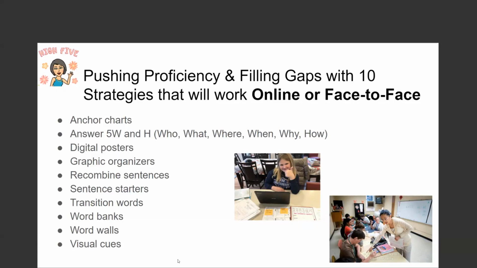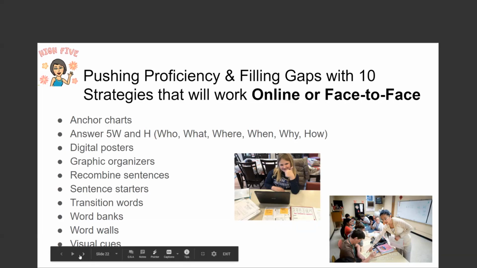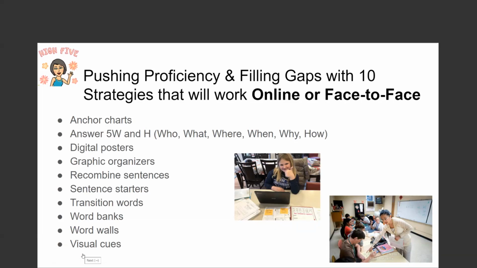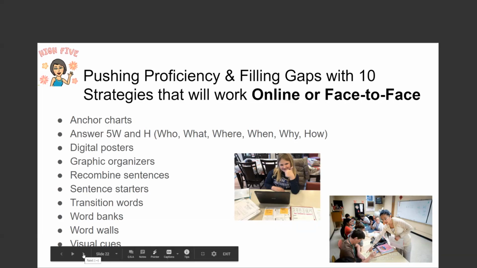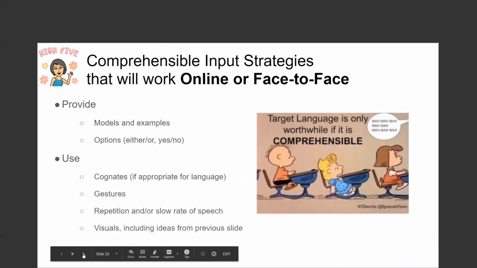And so we can provide those as a support and a scaffold until they become more automatic for students. And then things that you do all the time, such as word banks and word walls and the visual cues, those are all scaffolding supports that help students in that area of the I can do this with help. Those are the kinds of things that provide those supports.